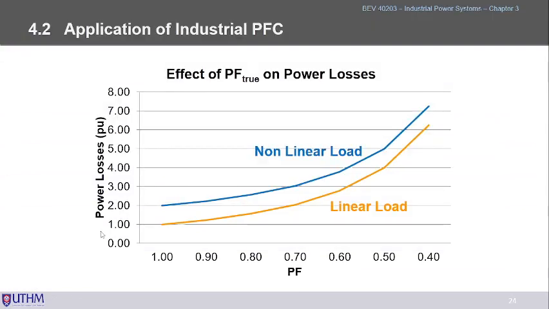Right. Then these are the effects again. Just now we had the linear loads, and this time we have the non-linear load. Of course, the power losses impact is much higher than with the linear loads when you decrease the power factor.